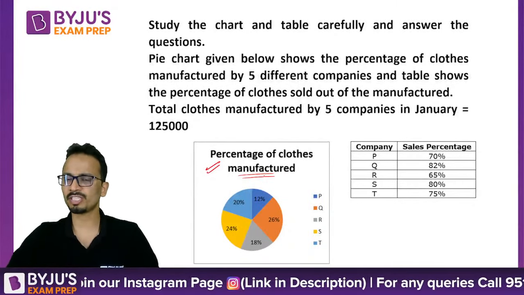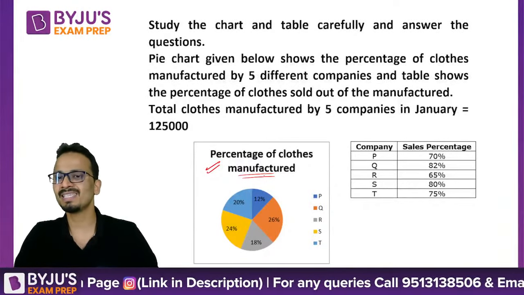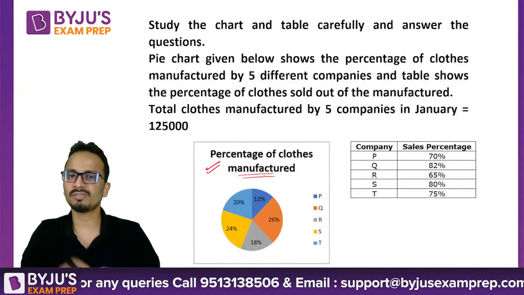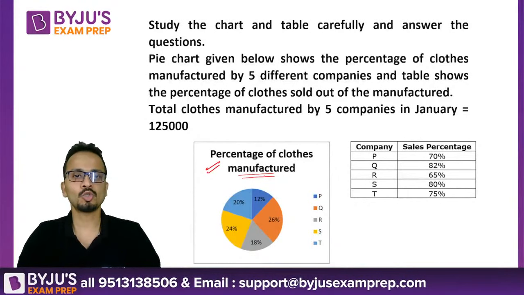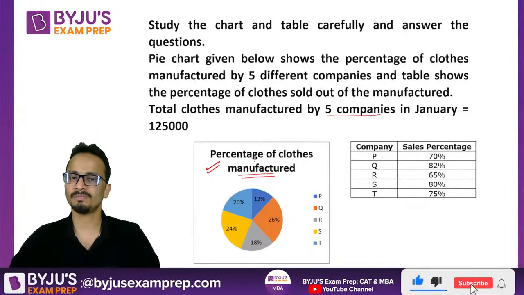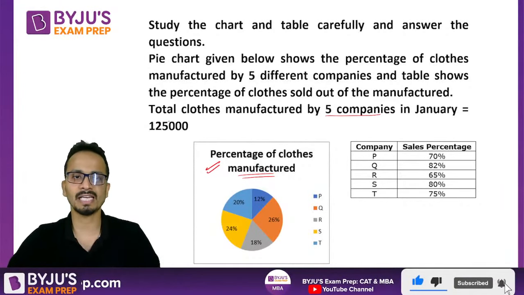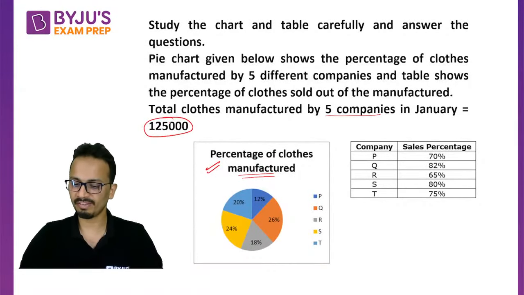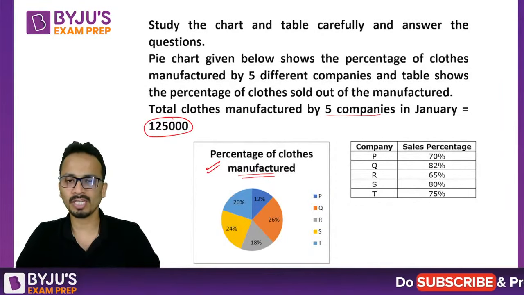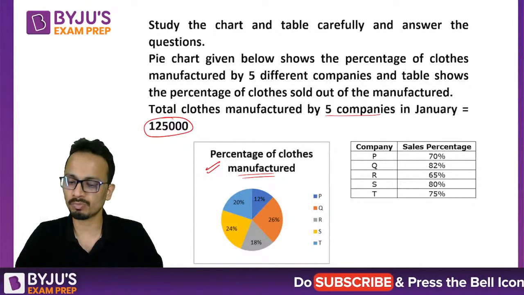So out of those manufactured, how many have been sold out, this is given by the table for each of these 5 companies. The total clothes manufactured by 5 companies together in the month of January is given as 1,25,000. Okay, so 1,25,000 is the total number of cloths manufactured.